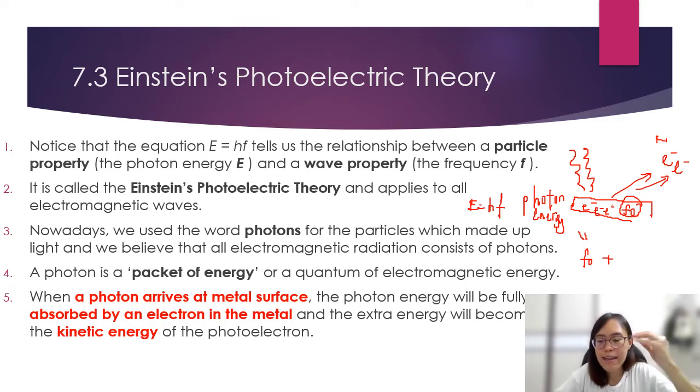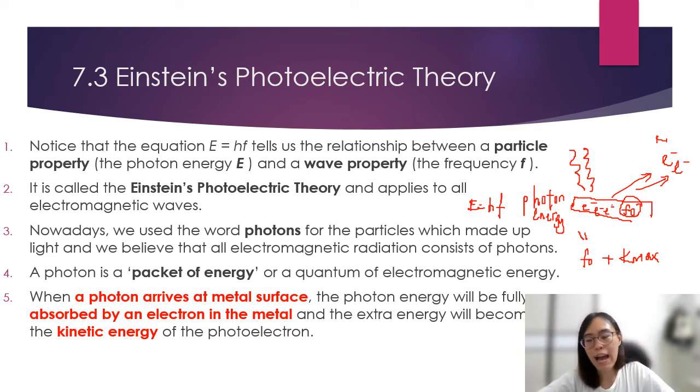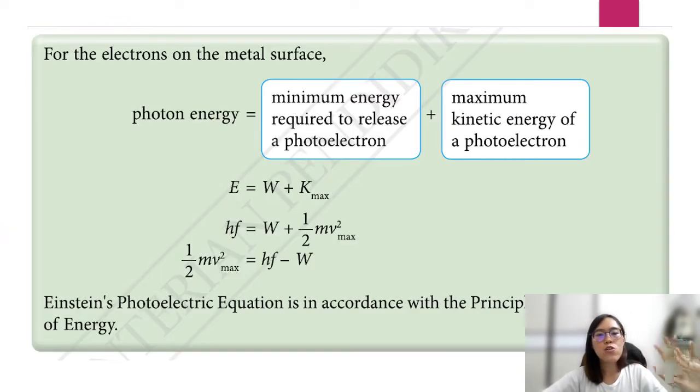Once the electron has escaped, the remaining photon energy acts as kinetic energy for it to move out. That is the idea. Based on the principle of conservation of energy, energy cannot be created or destroyed, it can only change from one form to another. That's why here we can use the photon energy.